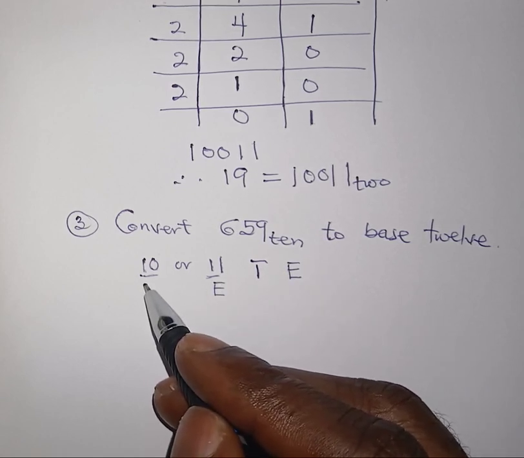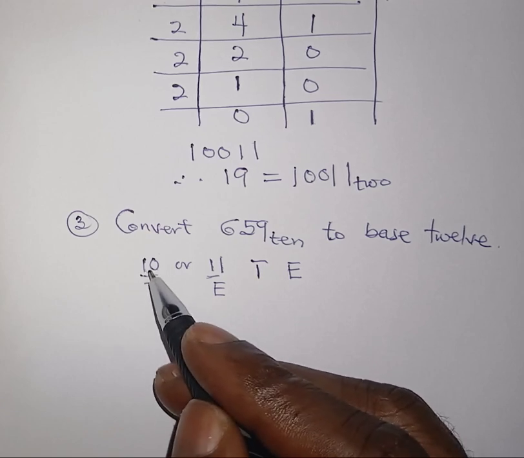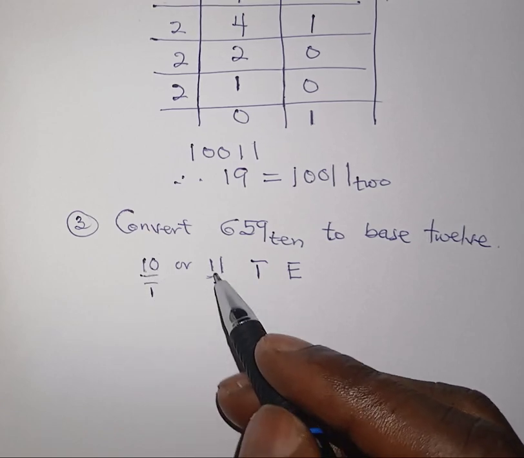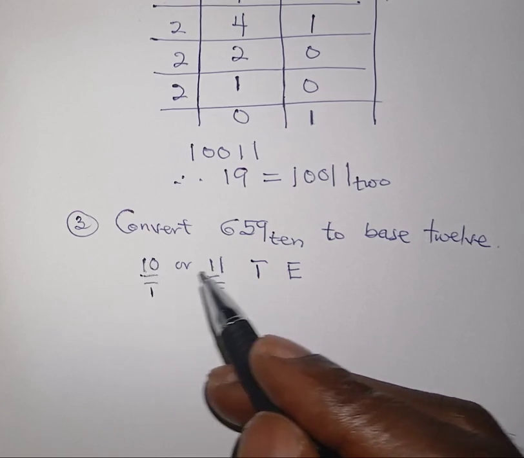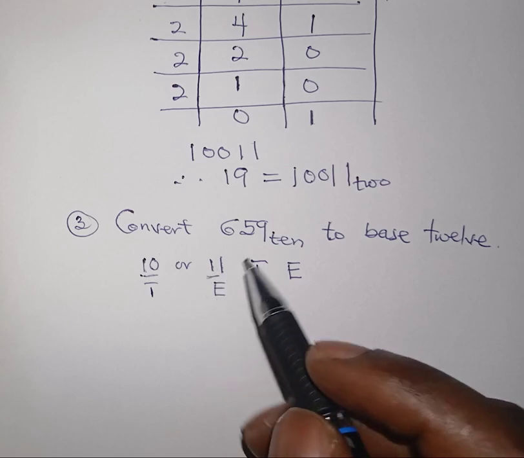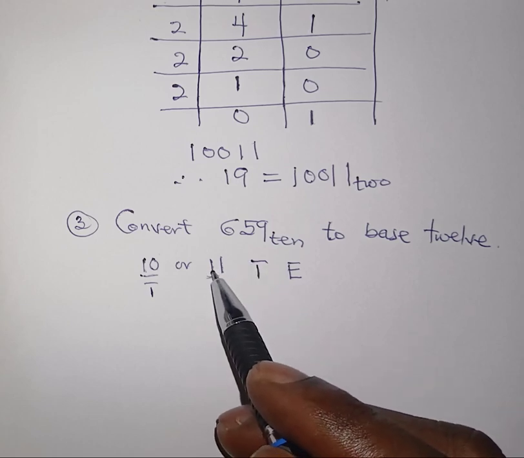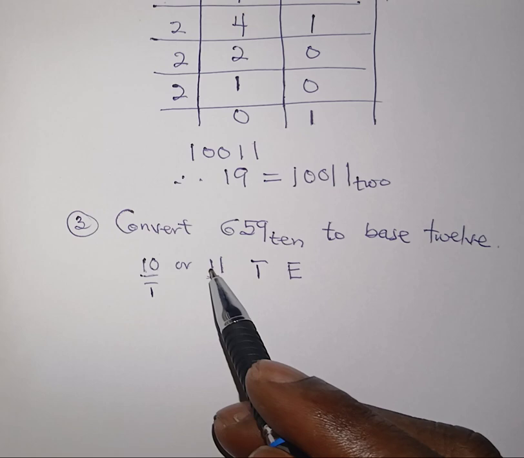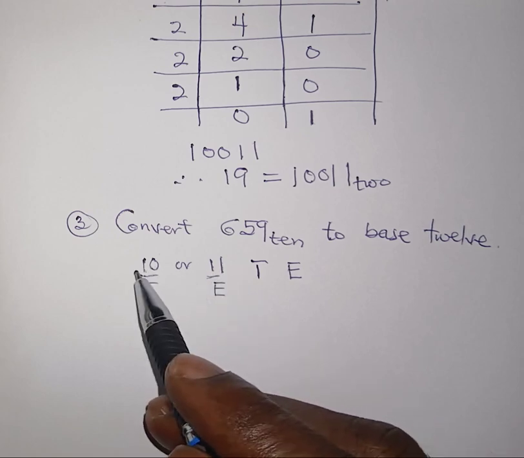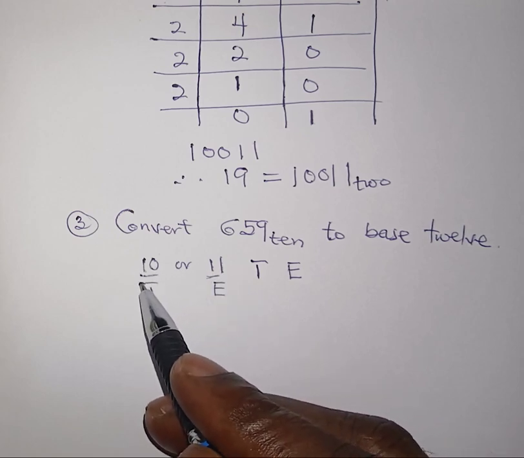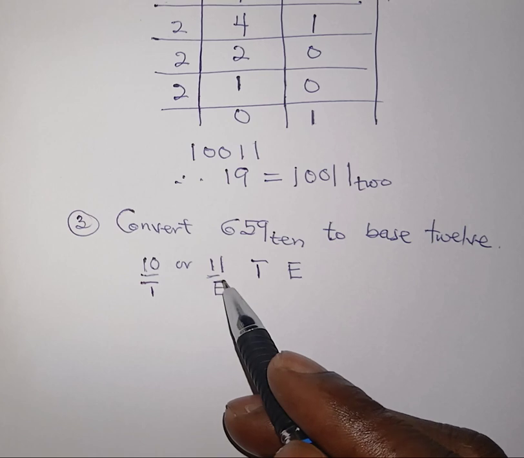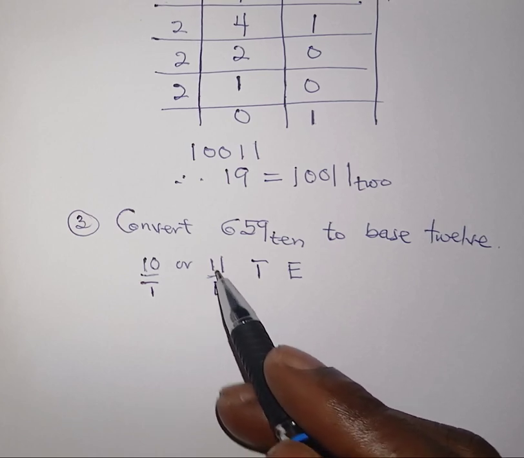So that when you are writing your answer, if you get 10 and 11, you don't write it as 10 or 11. Otherwise, we may think that it is 1, 1, not 11. It is 1, 0, not 10. So we use T for 10 and we use E for 11.